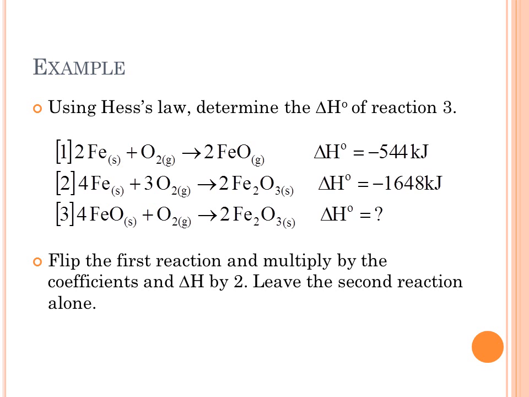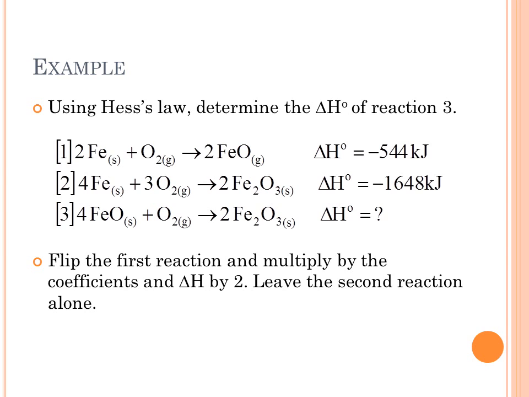So what we end up needing to do is to flip the first reaction, and we're going to multiply that reaction by 2, and we'll leave the second one alone. Because what you can see is that the 2 Fe2O3 is already on the product side in the second reaction, but the FeO is on the opposite side of the reaction and has a coefficient of 2 instead of 4.